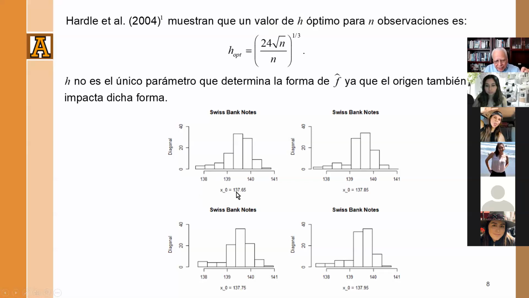Here we started at 137.65, 137.85, and so on. There are some differences. However, the shape of the histogram is more sensitive to h than to the starting point. It depends on h, the length of the interval.